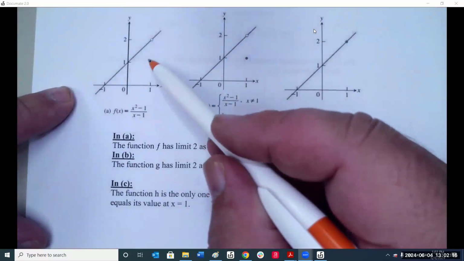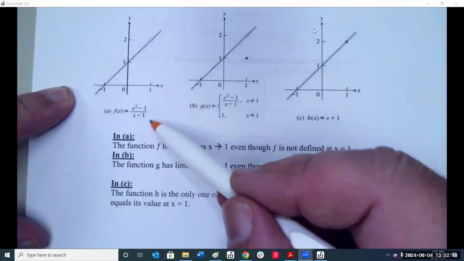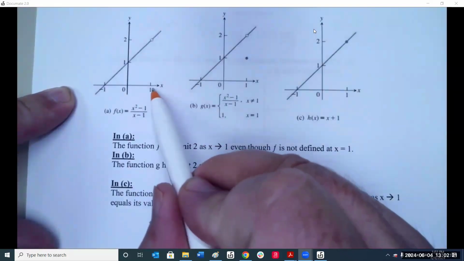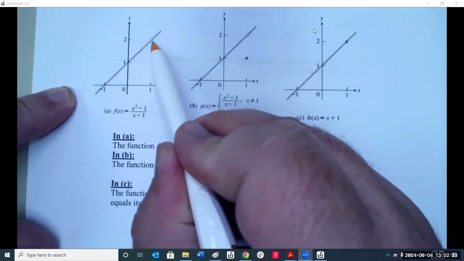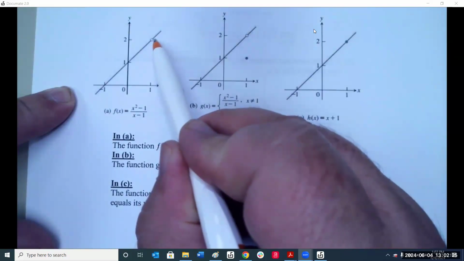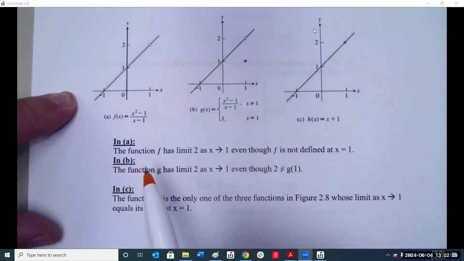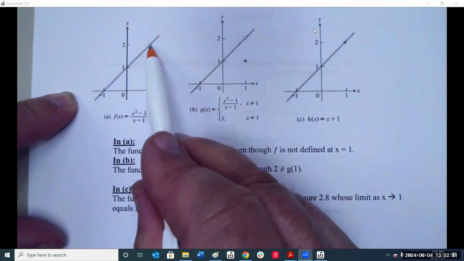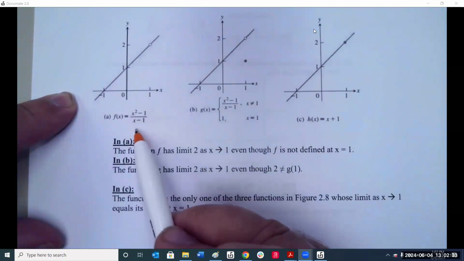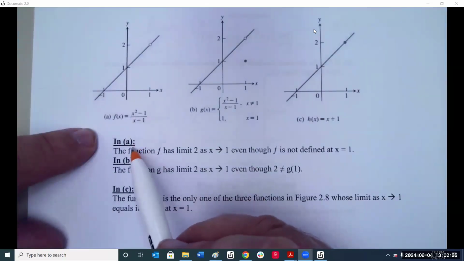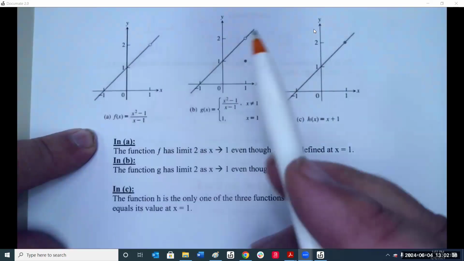Here's the first one we had, the x squared minus 1 over x minus 1. As x gets closer to 1, remember, it's a hole. Even though it's not defined at 1 because it's 0 over 0, the function itself does approach 2.